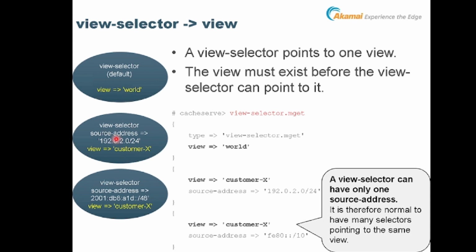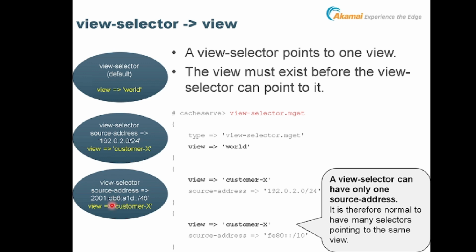These other view selectors I could make have source addresses in IPv4 for, say, some customer. So I know customer X has this block of IP addresses, which means this view is associated with this customer.